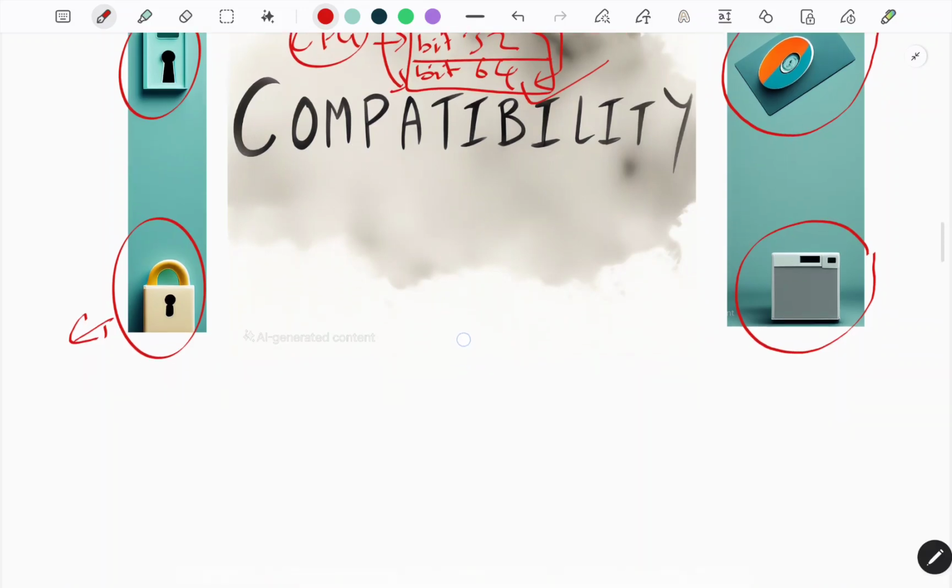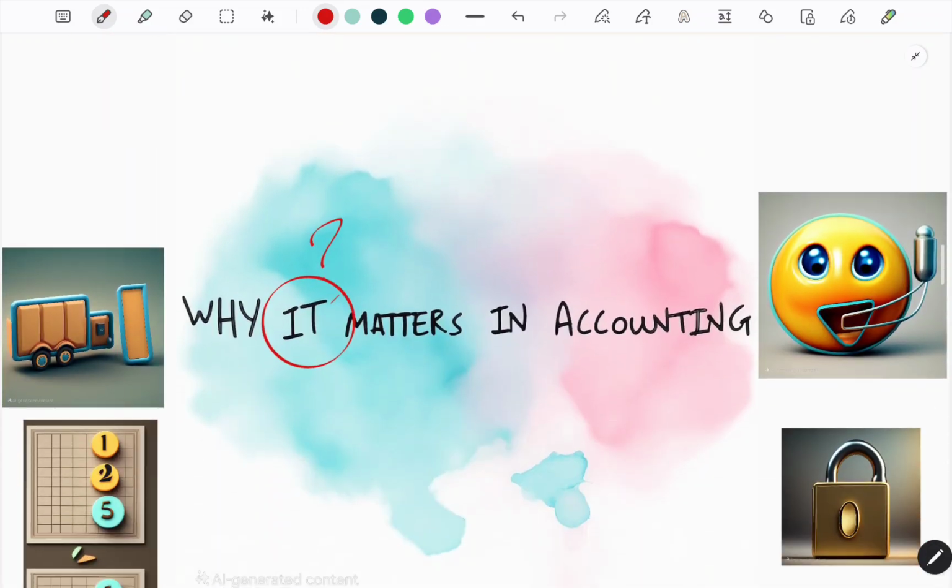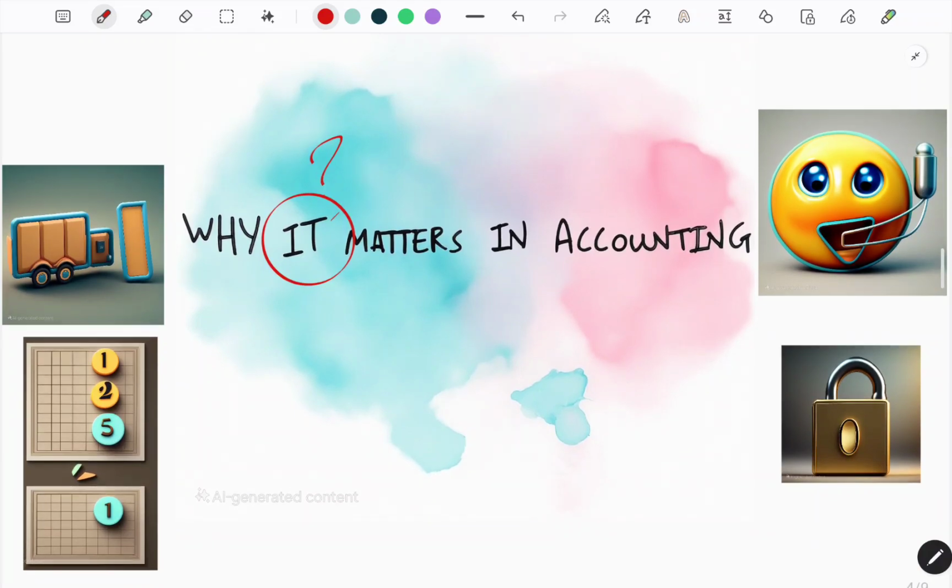Why does OS compatibility matter to accounting or bookkeeping, accounting itself?